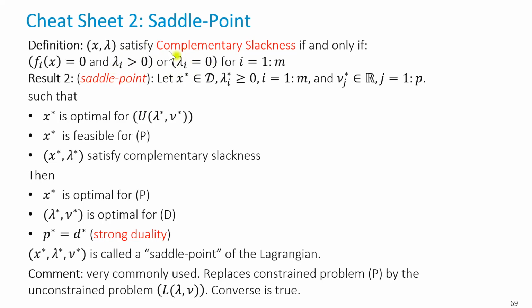You must have one of the two that is always true. If the multiplier is zero, that means this inequality was satisfied strictly, which means I had some slack. I could move around the point, make the inequality a bit less or a bit more strict, and I'm still happy about it. In this case, the Lagrange multiplier can be zero. Otherwise, it has to be positive.